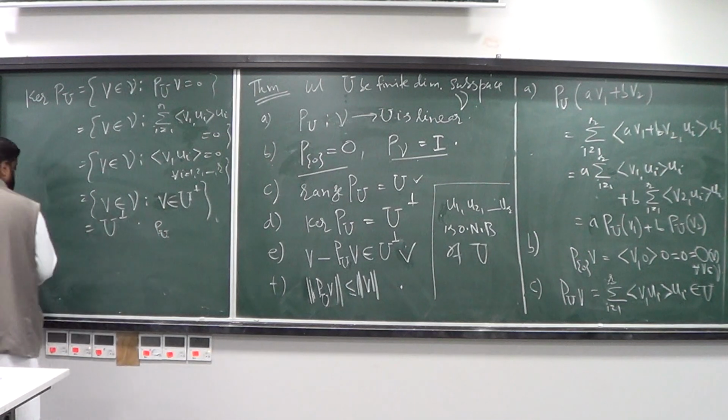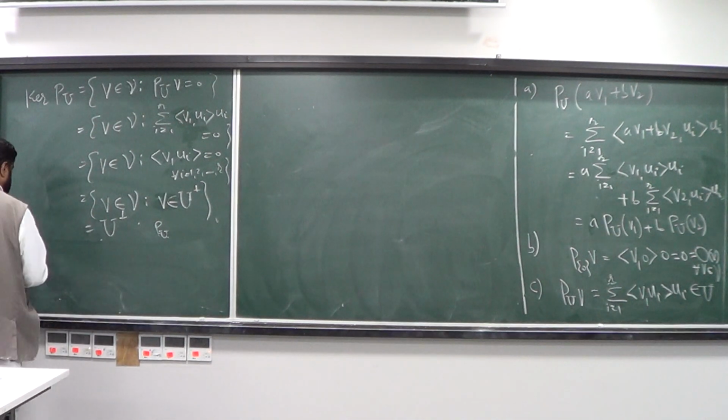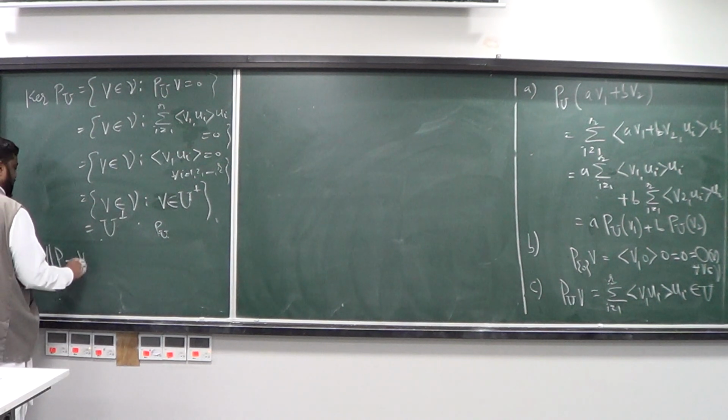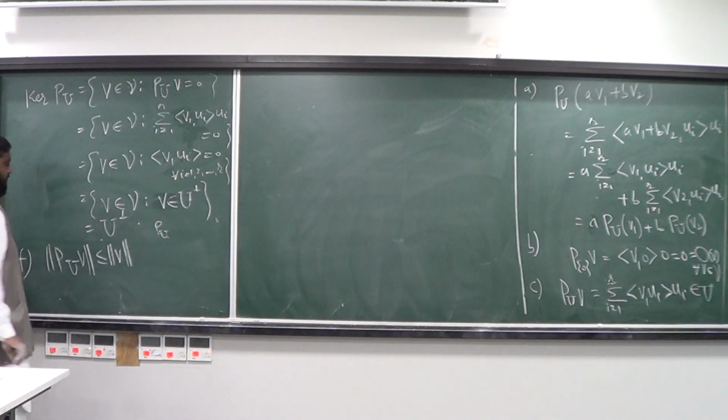Now really the last thing is to think about part f, which says that the norm of the orthogonal projection of the vector v onto the subspace is less than or equal to the norm of v.